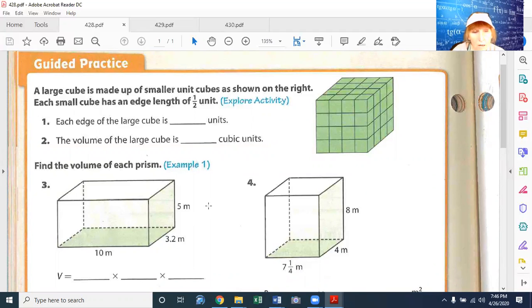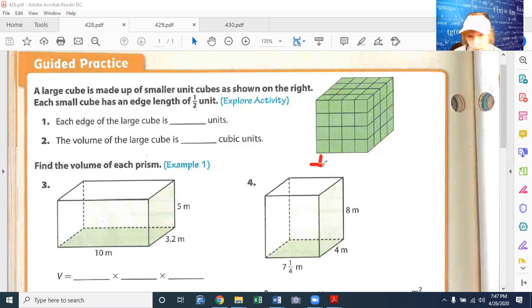Okay. A large cube is made up of smaller unit cubes as shown on the right. Each small cube has an edge length of 1/2 of a unit. So what are they saying? Well, you can see that this whole big cube looks like a Rubik's Cube, except it's got an extra row. Each one of these little cubes, it says, has a length of 1/2.